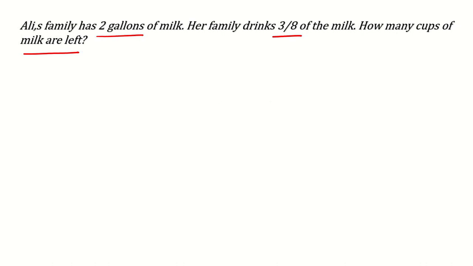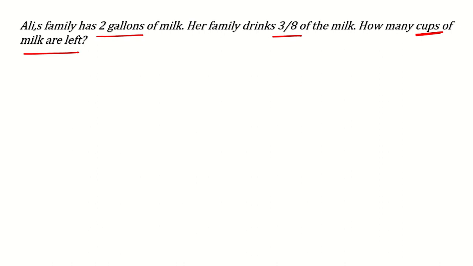I have made other videos for this, so please make sure you watch that video, and pause the video here and write the answer in the comments. So 2 gallons into cups. Why are we asking for cups? Because they are asking for the answer in cups, not in gallons. Everyone, just try to find the answer for this.